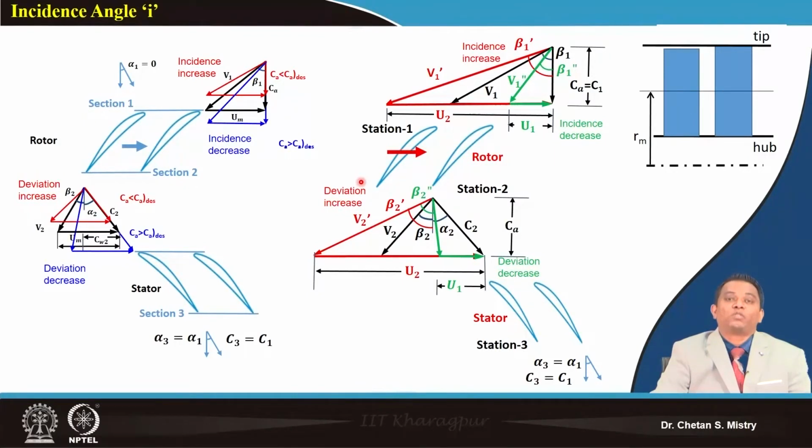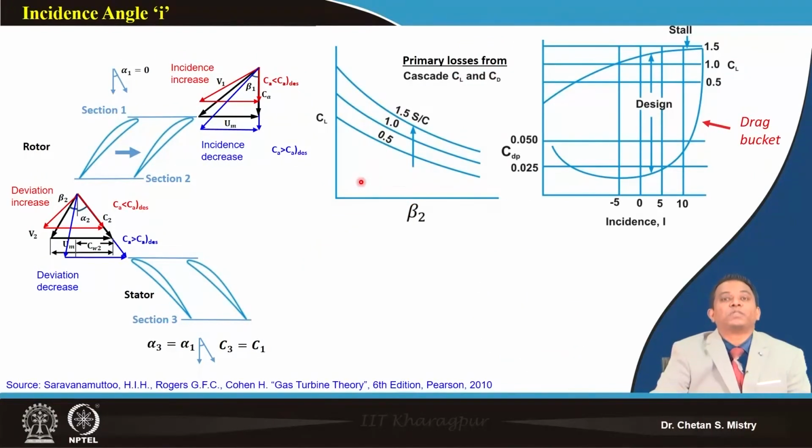So let's try to understand what the impacts of this change of incidence angle are. Now we have our fundamentals available with us. What we can see here is the change of incidence angle with the change of my CD drag coefficient, and this represents my lift coefficient.